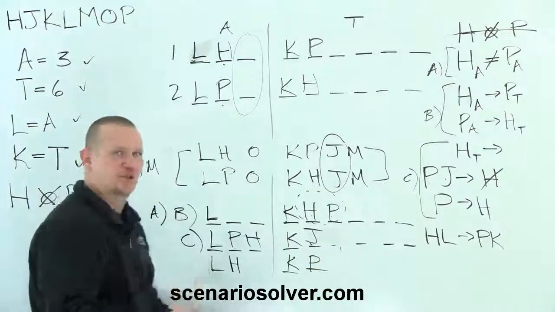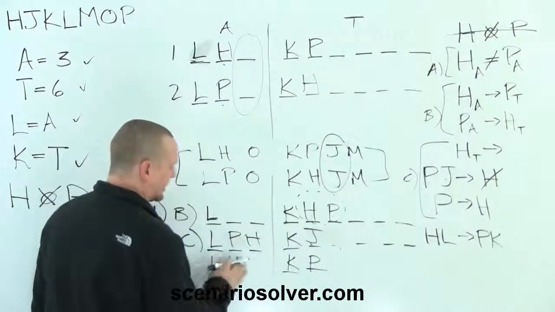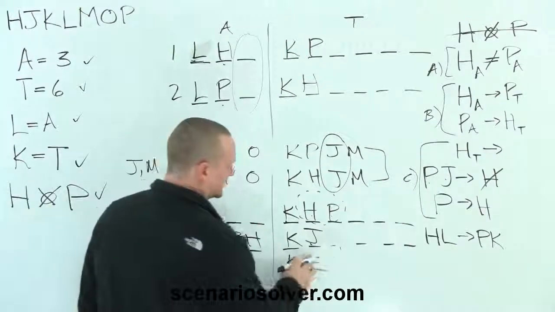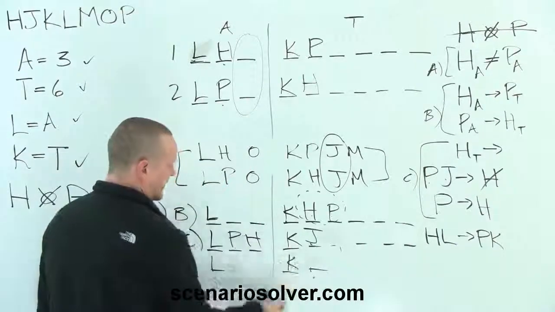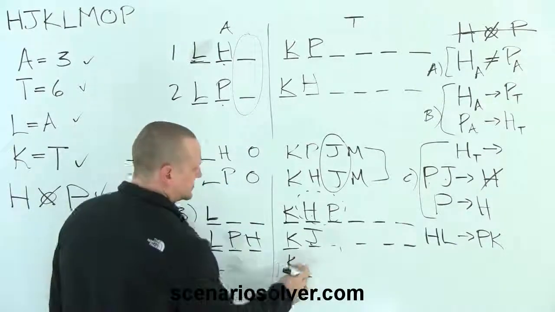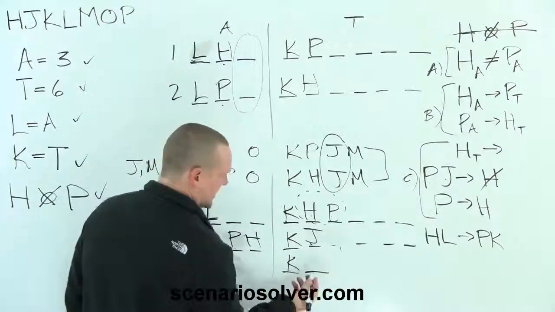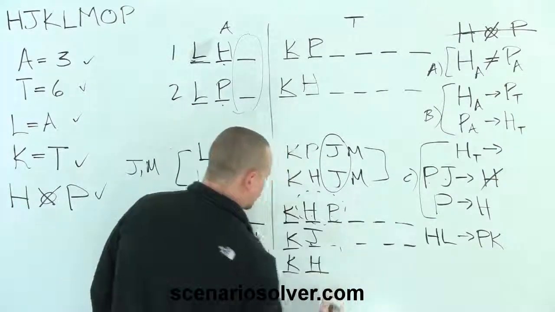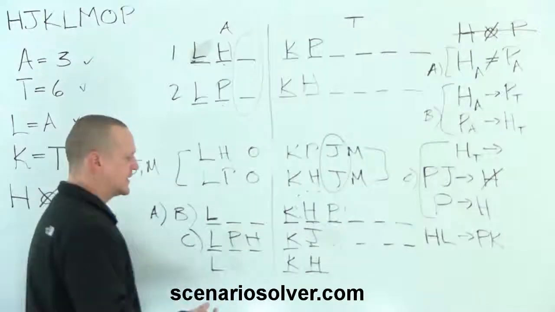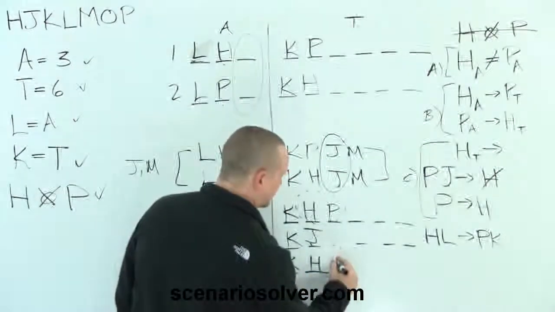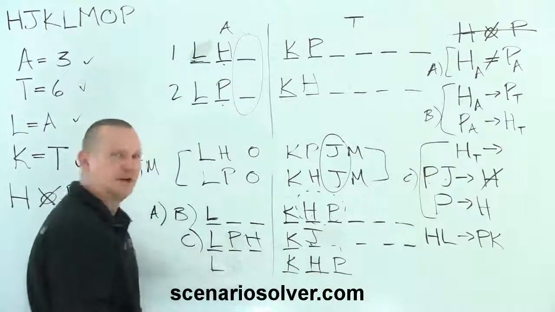Okay, but what this rule again doesn't do is address what if L and H are not together? If L and H are not together, so let's say I put H here, there's nothing that forecloses on the idea that P and H couldn't be together.